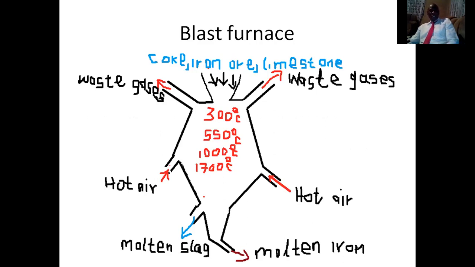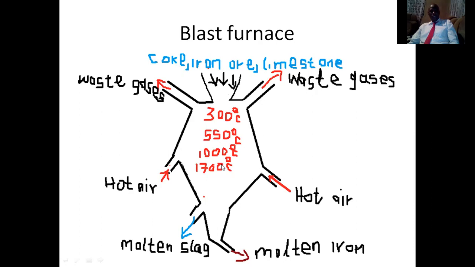This is the diagram which shows how this containment is. On top of the furnace, we pour coke, which is the carbon, iron ore or hematite, which is iron(III) oxide, and then the limestone, which is calcium carbonate.